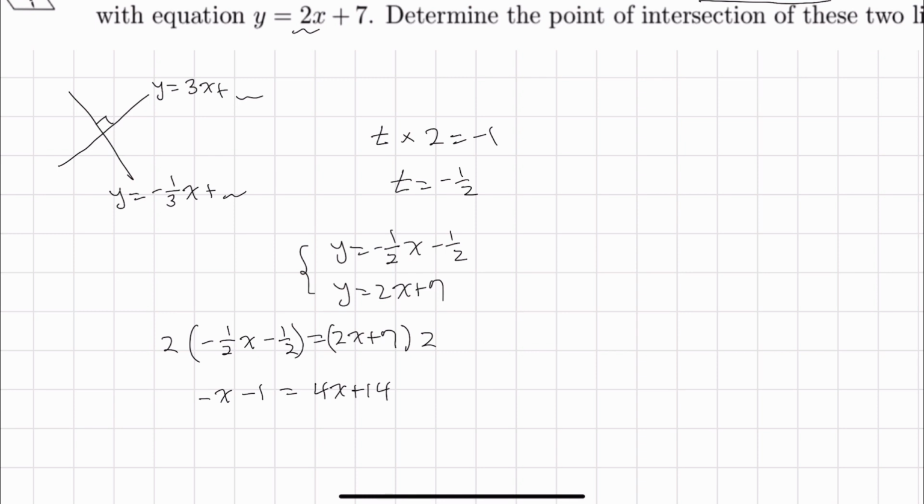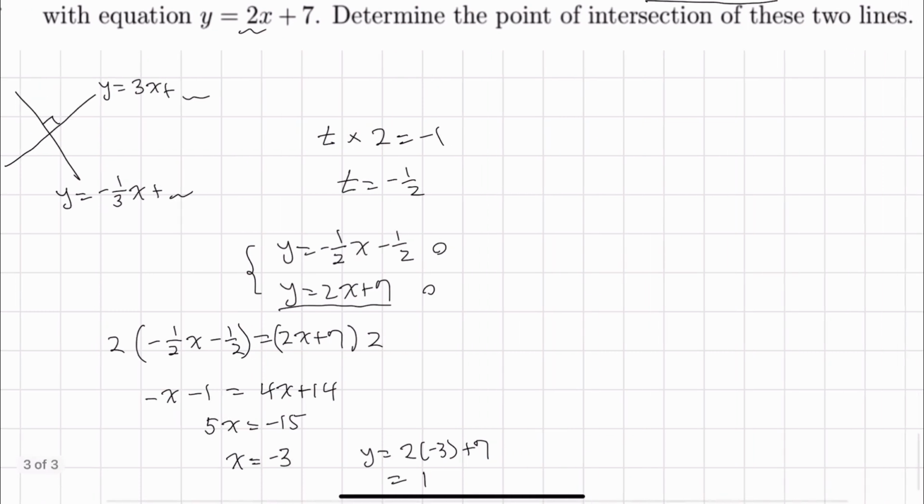If you move over the x and the constant, 5x equals -15, and therefore x equals -3. Since we found the x value, we could plug the x into one of these two equations. It doesn't really matter, but since the second line is without fractions, it's easier. So y equals 2 times -3 plus 7, which equals 1. So the point of intersection of these two lines would be (-3, 1).